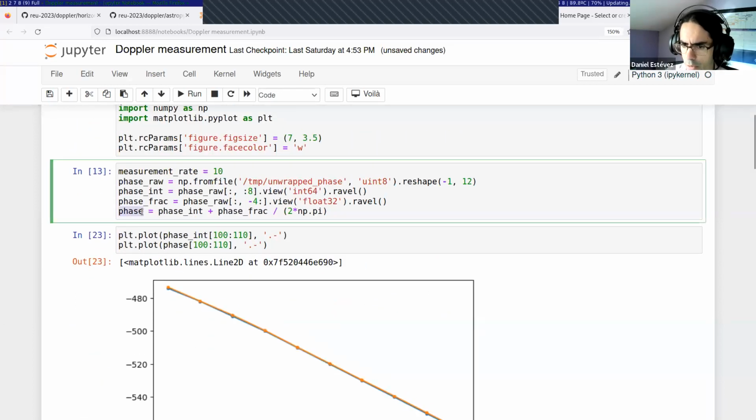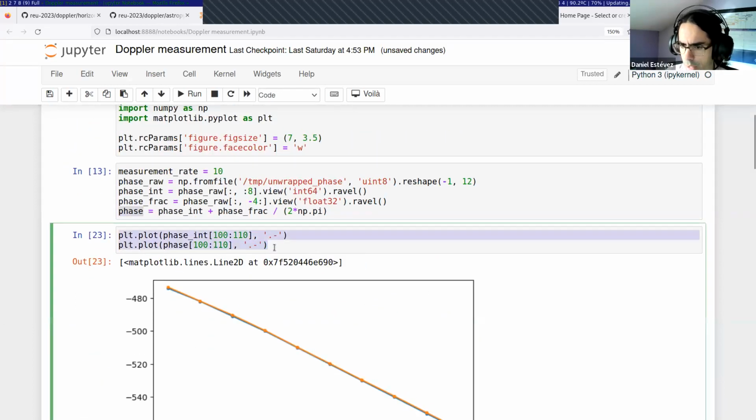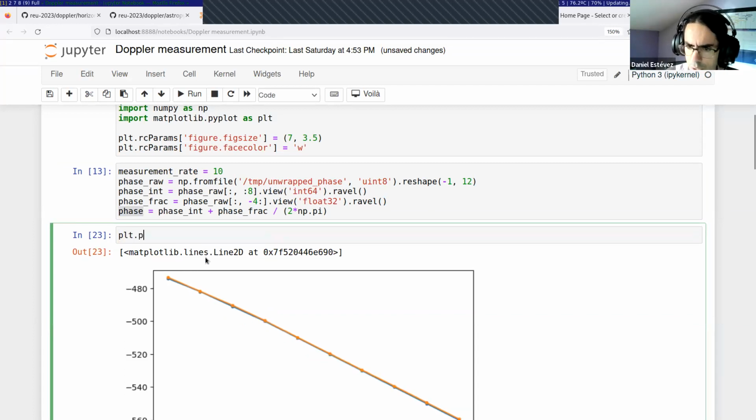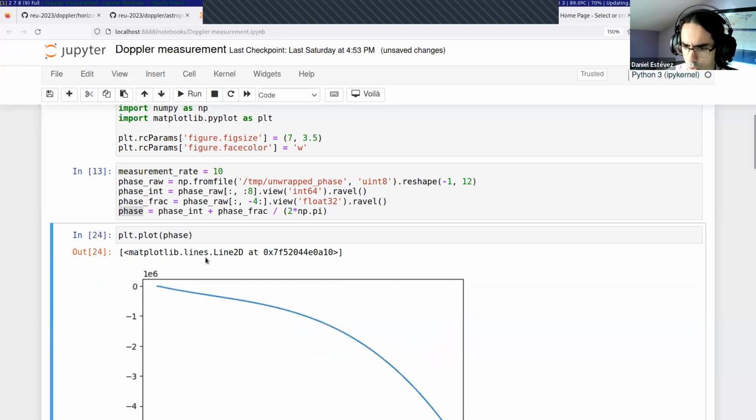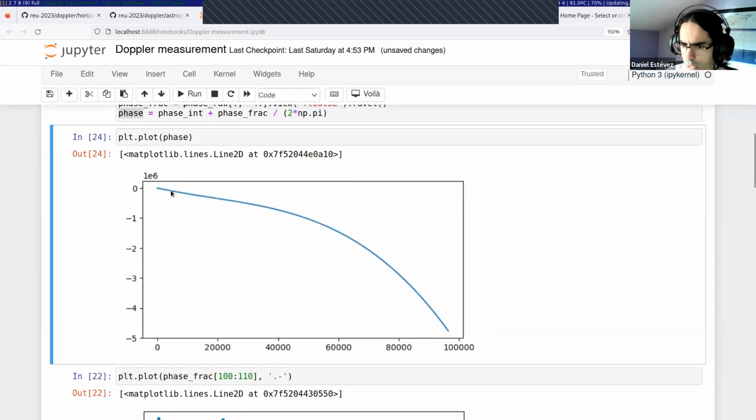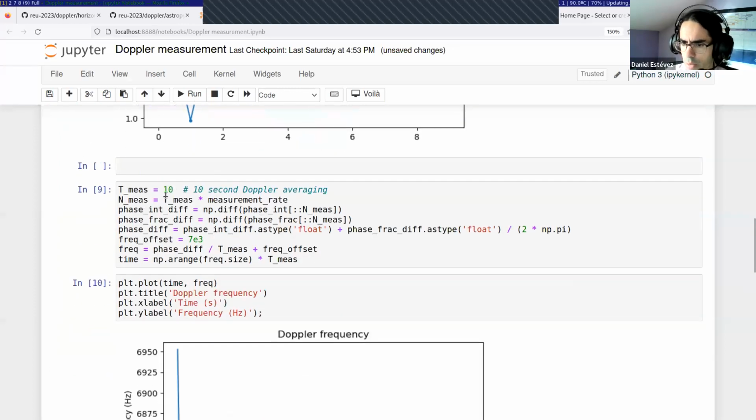All right, we have our phase measurements, and I think that plotting all of them is not very instructive because, basically, the slope of the phase corresponds to the frequency, but we really want to get that slope to do some kind of time derivative. To do so, we need to decide some Doppler measurement interval or Doppler averaging interval, in this case 10 seconds.